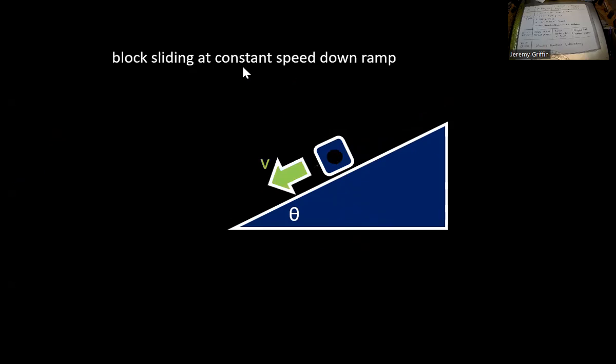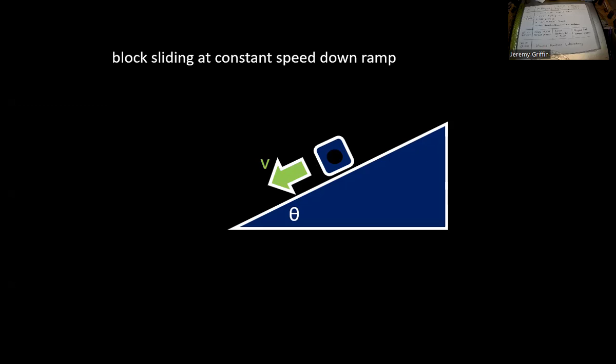There you go. And then next slide. What if the block is sliding down at constant speed? Constant speed, or constant velocity, I should say. Well, what's the acceleration for constant velocity? Zero, right? If there's zero acceleration, what's the net force? Also zero.